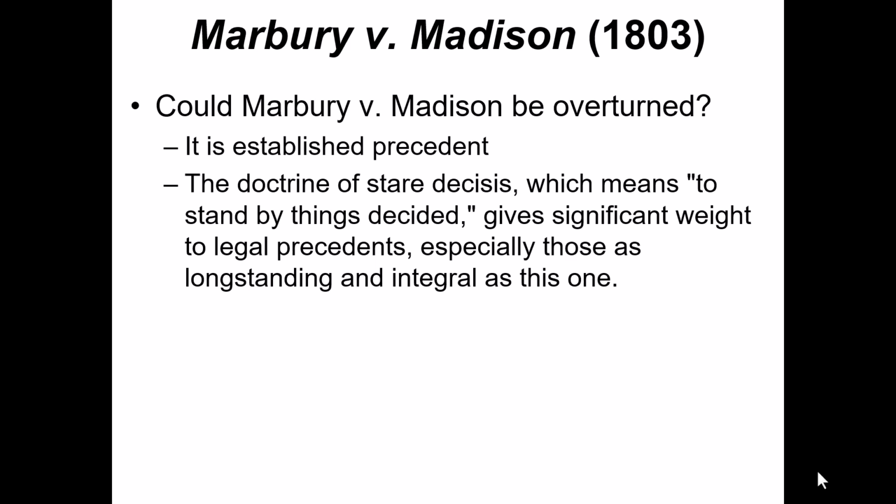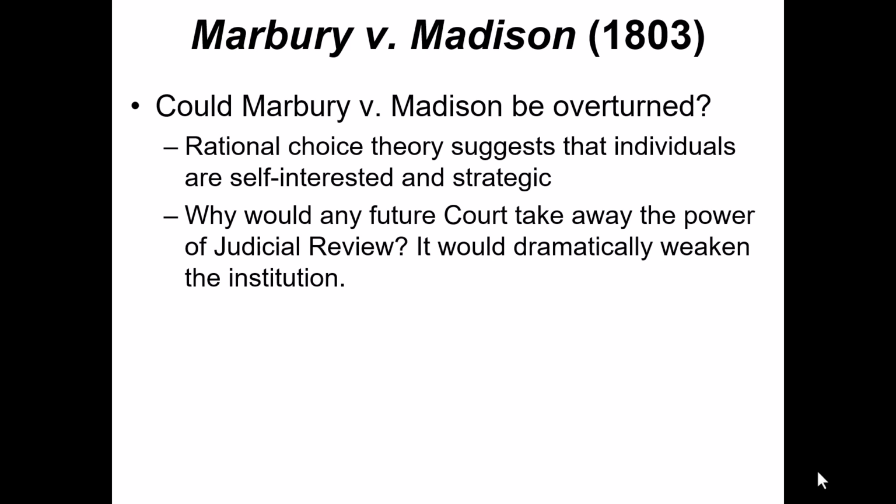That doesn't mean that a president couldn't nominate and get confirmed Supreme Court justices that want to end judicial review, just as Donald Trump nominated and got confirmed 3 conservative judges that helped to vote to overturn Roe versus Wade. It could happen.